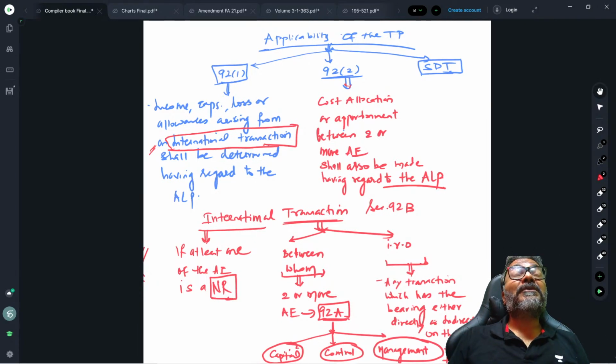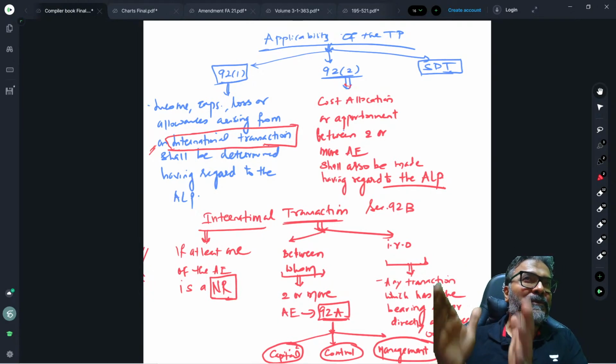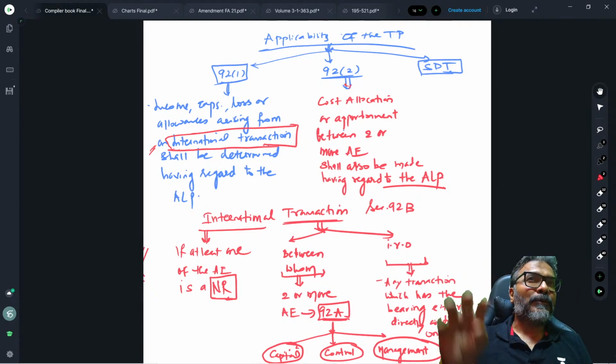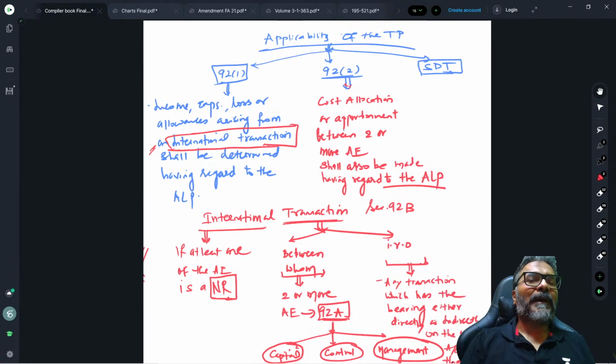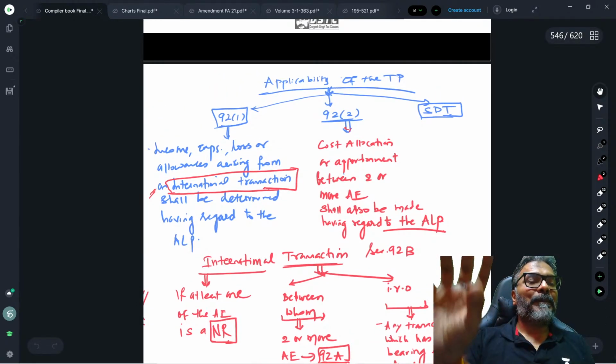So if two or more AEs come together, then whatever cost apportionment or allocation takes place between them will also be undertaken having regard to the arm's length price, students. And the last one is about what? The specified domestic transaction. This is for the applicability part, so this covers your applicability.